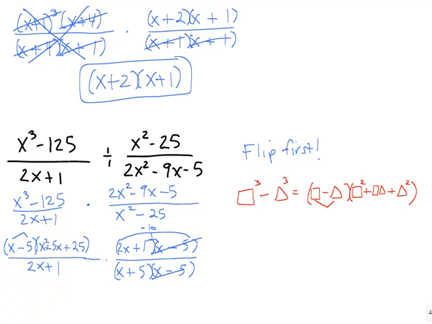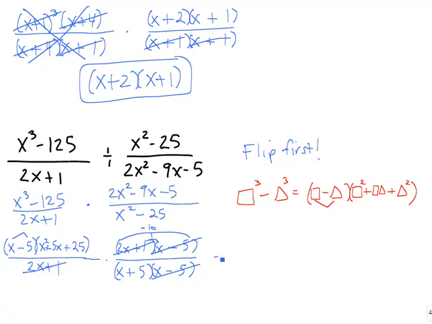That will cancel with this one on the bottom. You could also have canceled the one over here with the one on the bottom. It doesn't matter which one you use. We also have a 2x plus 1 on the bottom, which cancels with this 2x plus 1 on top. And this x minus 5 does not cancel with the x plus 5 because the signs are different.